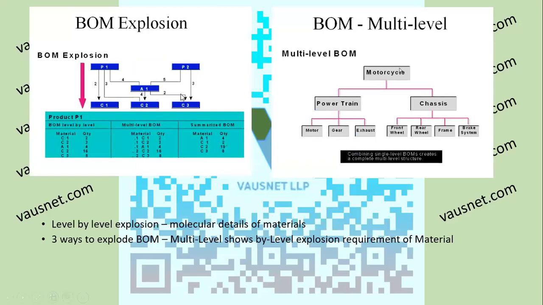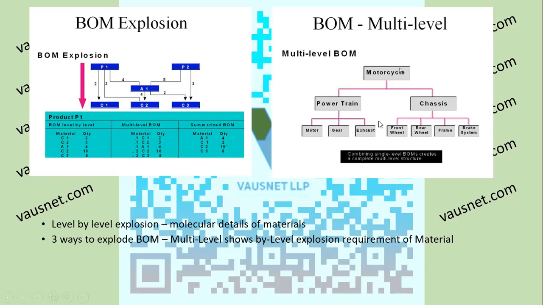Speaking of bills of material explosion, why do we need it? Because we have to get to the molecular level. So what is a BOM explosion and where is it possible? It is basically a level by level explosion. We have already seen this. If we want to create a motorcycle, there are many levels to achieve. The first level is powertrain and chassis.